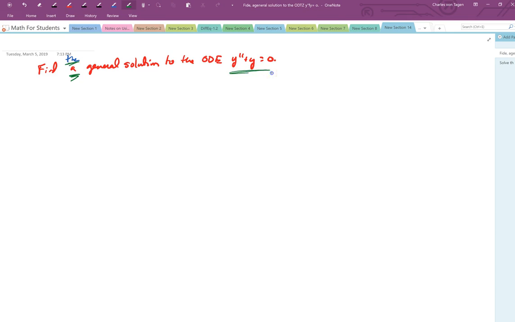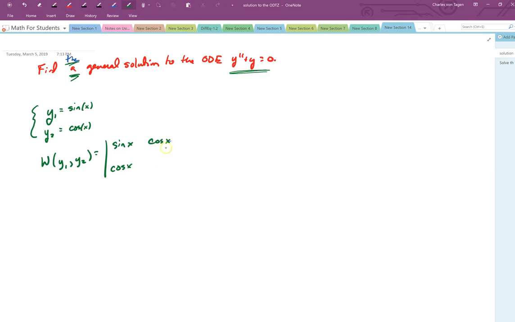Given this ODE right here, one solution to it is the sine of x, and a second solution is the cosine of x. So these two may or may not form a fundamental set. Let's find out. So we look at the Wronskian of y1 and y2, and we find that that is sine x, and then its derivative is cosine of x, and then for the second solution we list it as cosine of x, and its derivative is minus the sine of x.